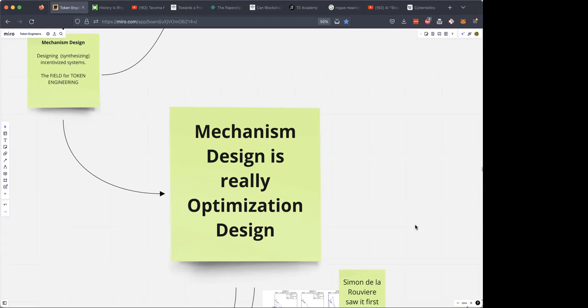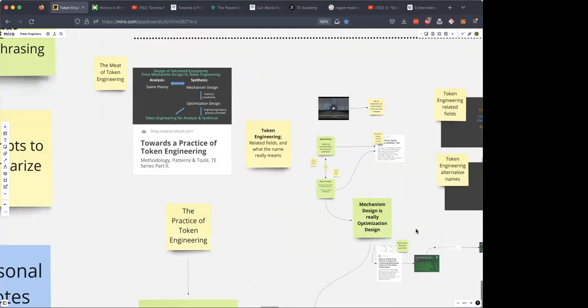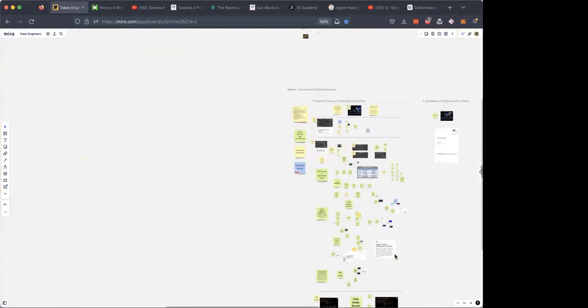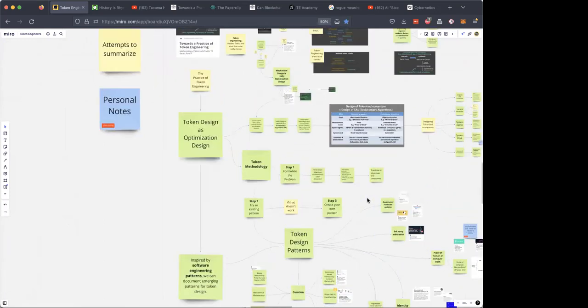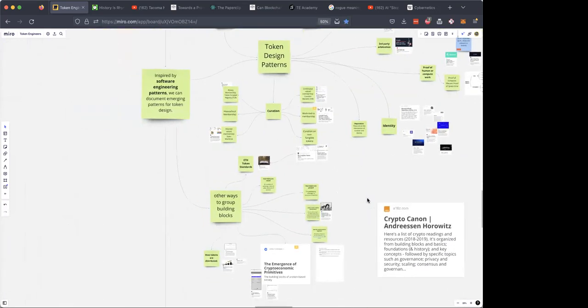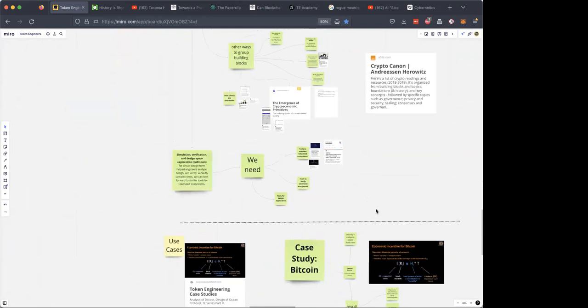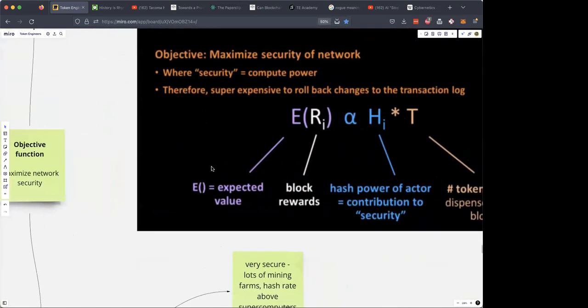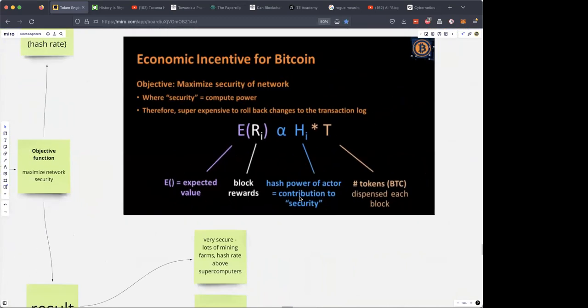We're optimizing for network security. I think there's this bit. Let's see. Where was Bitcoin? So Bitcoin is optimizing for this contribution to security.